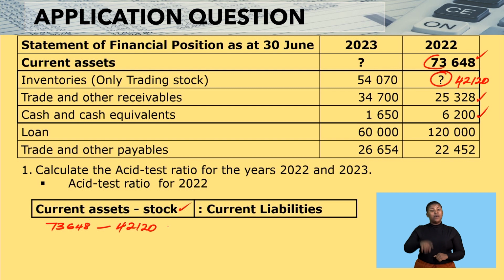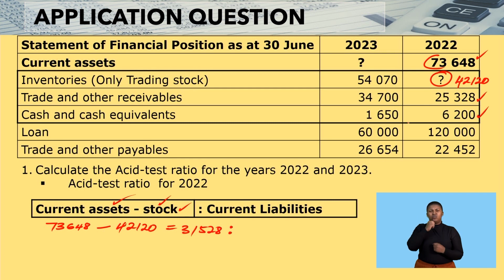So I'll come here and say minus 42,120. It then gives me my remainder amount. After I say current assets minus stock, I remain with 31,528. There is another way that I could have got this 31,528.